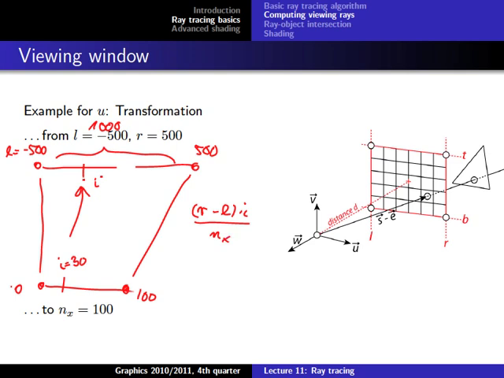So 1000 divided by 100 times 30 is of course 300, which would be the correct solution if we would go from 0 to 1000. But since we are not going from 0 to 1000, we have to add the left side here, which means we add minus 500, and we end up at minus 200, which is exactly the position that we have here.